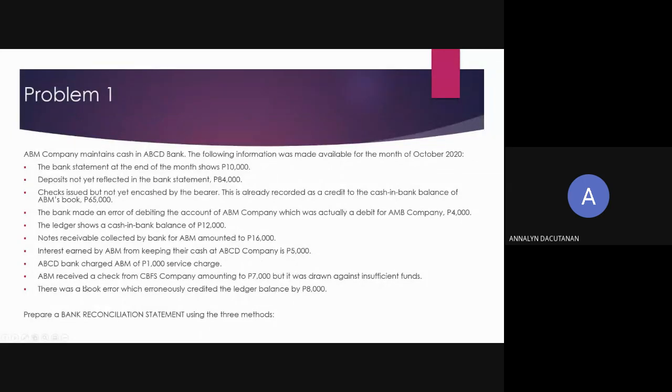ABM received a check from CBFS company amounting to 7,000, but it was drawn against insufficient funds. So guys, si ABM company, naka-receive siya ng cheque kay CBFS. So in this case, tayo si ABM, di ba, may nagbayad sa atin. Binayad sa atin cheque. So the moment na nagbayad sa atin ng cheque, ang record na agad natin nun, debit cash.